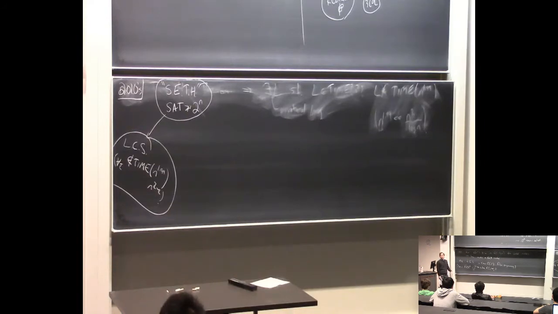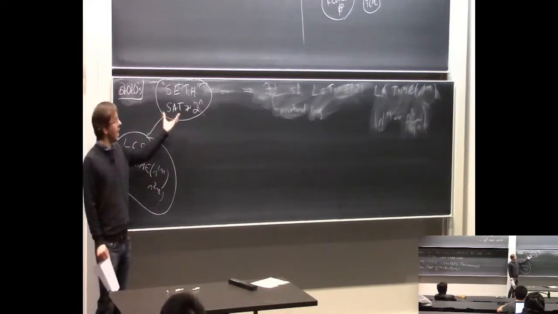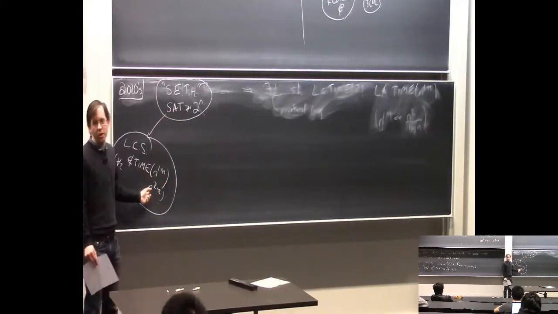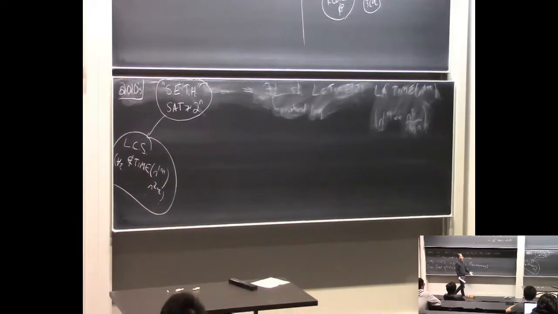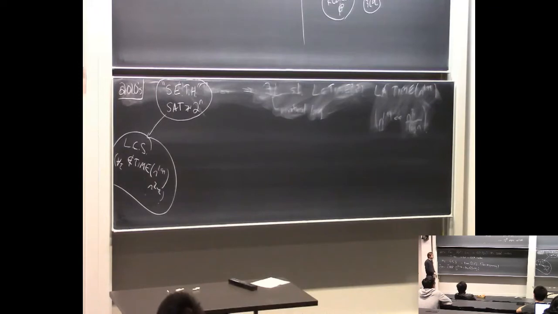Or you can look at it a different way. You can say, well, if you want to become the most famous theoretical computer scientist in the world by finding a SAT algorithm that's faster than 2 to the n, all you have to do is find a longest common subsequence algorithm that runs in time n to the 1.99. That looks like a lot more related to stuff that you could be used to.